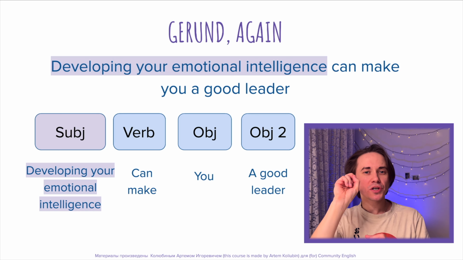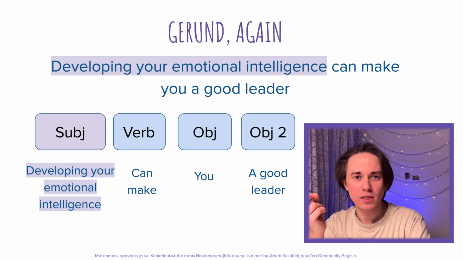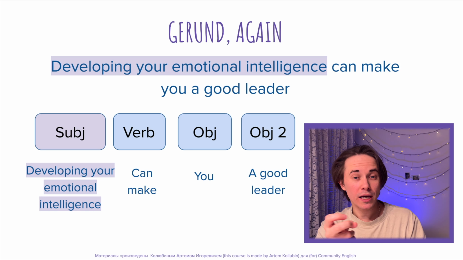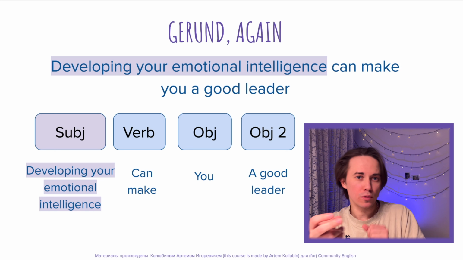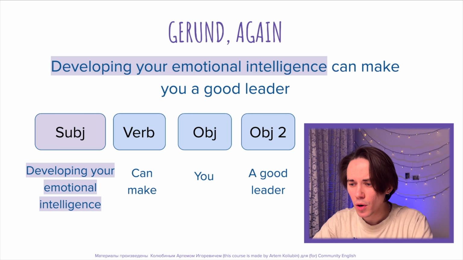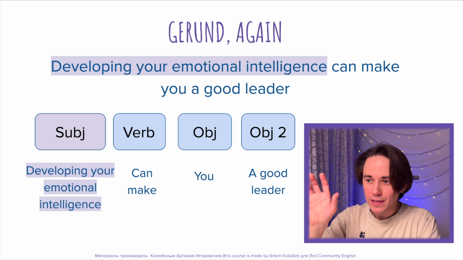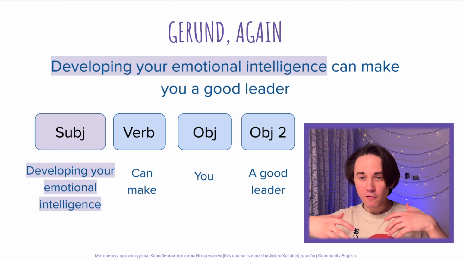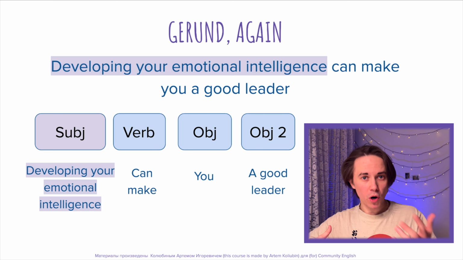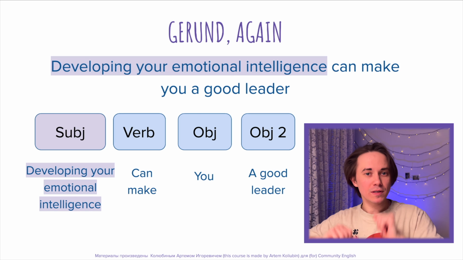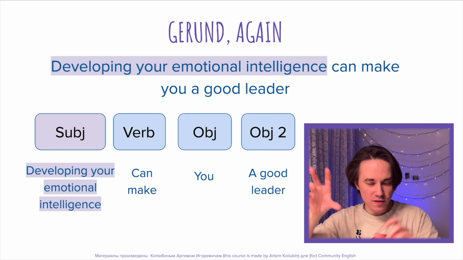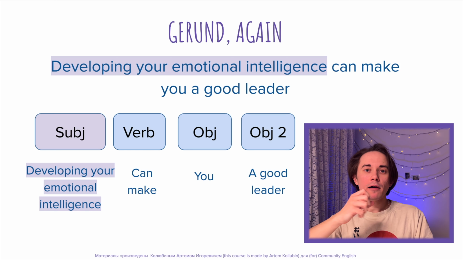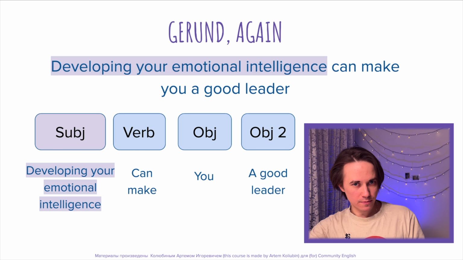So this pause basically shows us that it's a participle, and if we don't have this pause, it's already a gerund. Even though, as I told you, they look similar, they fulfill different functions. Participle is a verb, gerund is a subject, so they have different functions in the sentence, and because of that, we pronounce them in different ways.